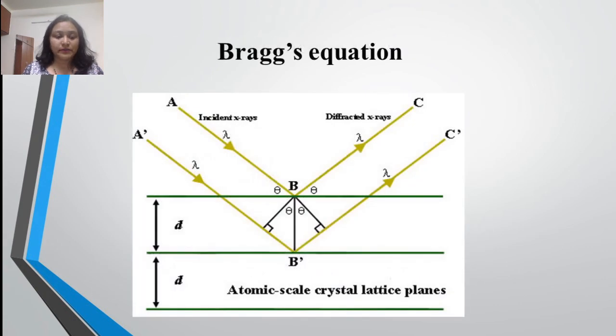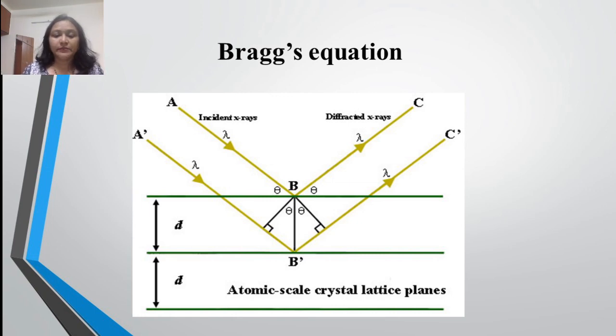In this picture, there are three planes as shown in the figure with interplanar distance d, and two parallel rays are incident at a glancing angle of theta and are reflected back with the same angle, that is theta.